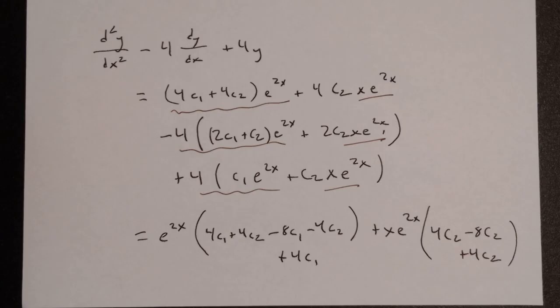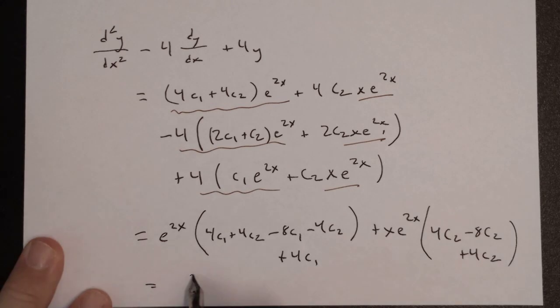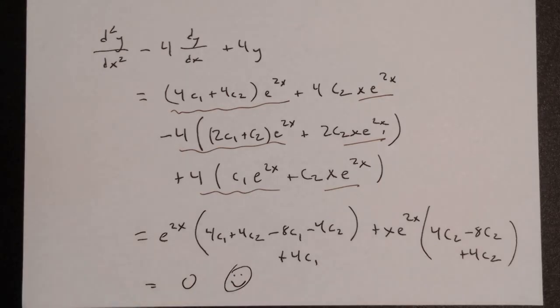What's that add up to? 4c1 plus 4c1 minus 8c1 plus 4c2 minus 8c2 plus 4c2, they both add up to 0. It worked. This is a solution to the differential equation we started with, and we know that solution is defined everywhere.